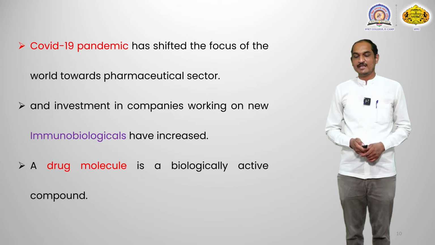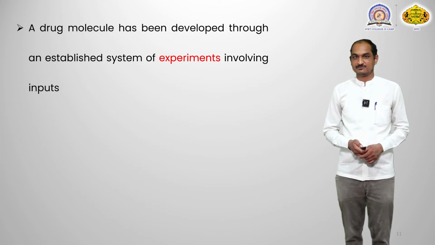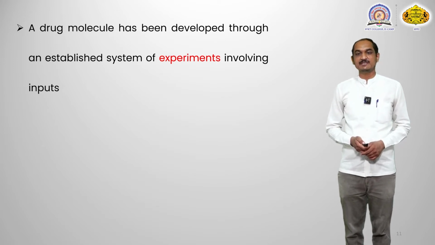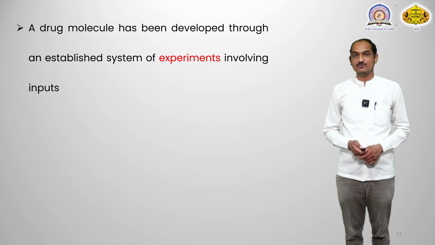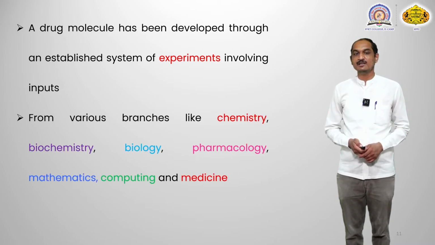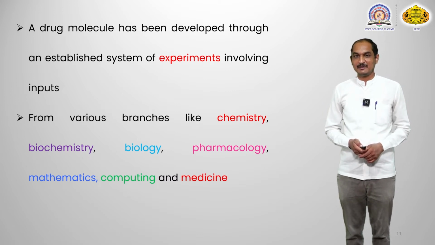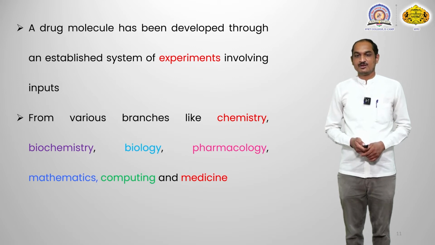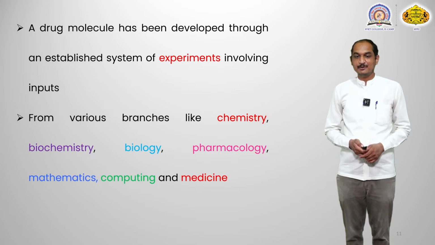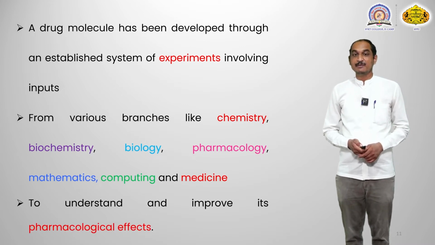So a drug molecule is a biologically active compound. This shows biological activities. Okay. A drug molecule has been developed through an established system of experiments involving inputs from different branches like chemistry, biochemistry, biology, pharmacology, then mathematics, computing, and medicine.